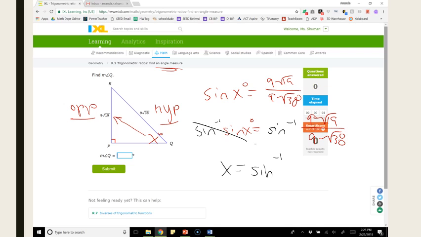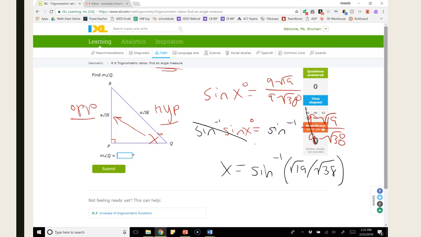And this is how I'm going to plug this into my calculator. Let me simplify this out now because both of the 9's cancel each other out. I'm going to put the parentheses in there and I'm going to put square root of 19 divided by square root of 38. I'm going to close those parentheses up. So if you're not sure where the sine inverse button is, you have to push the second button and it's the one right above the sine.